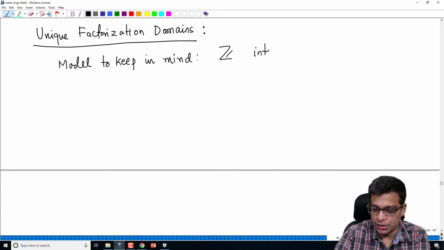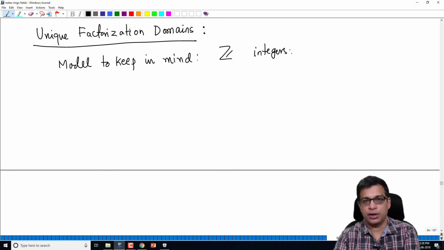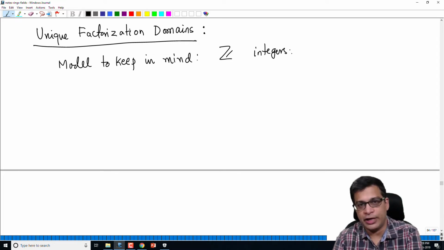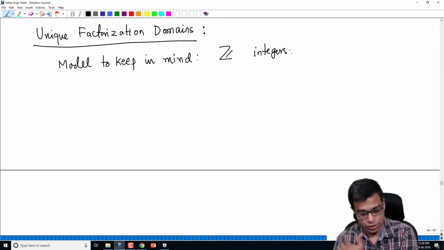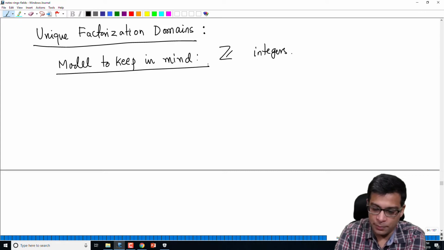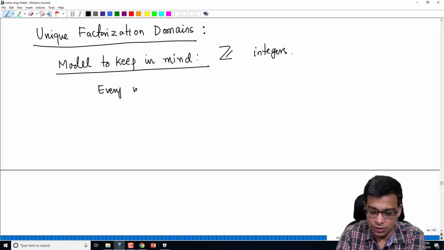In school you all learned that every integer can be factored into a product of prime numbers. Prime numbers are irreducible elements in the integers, because in the ring of integers, irreducible and prime are really the same notions.